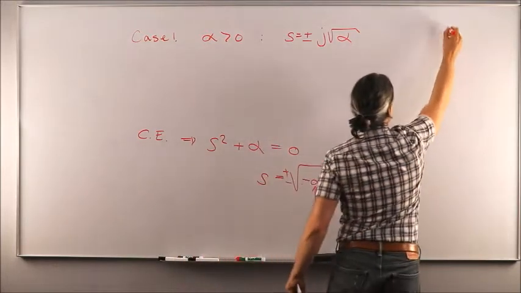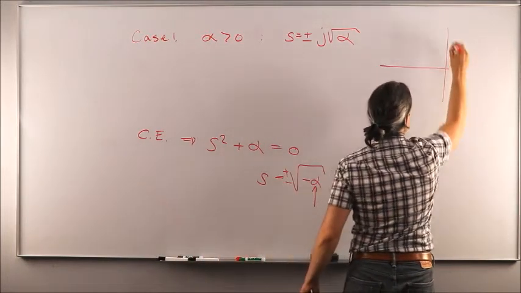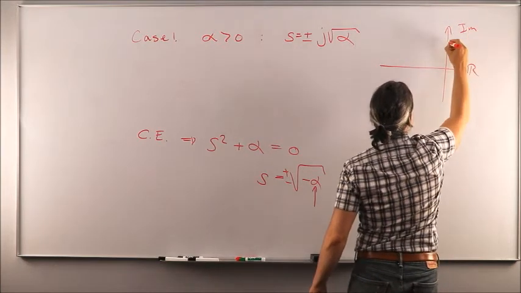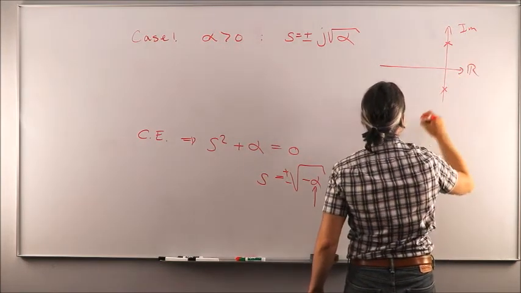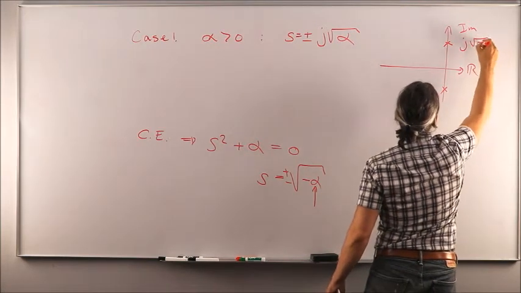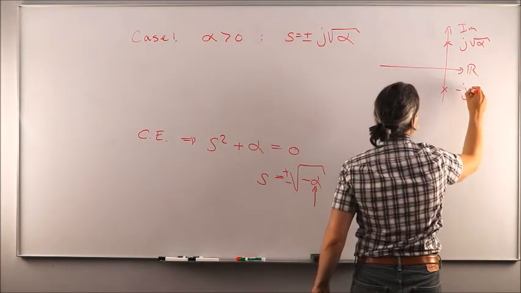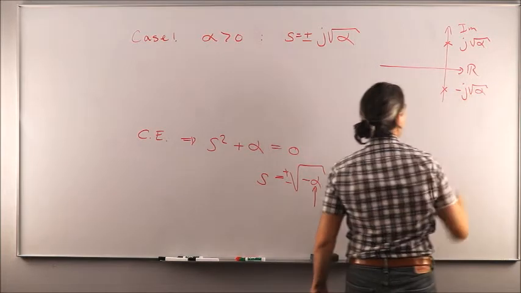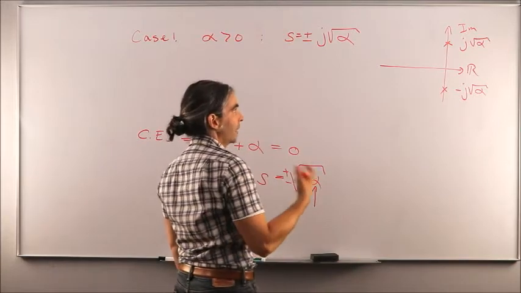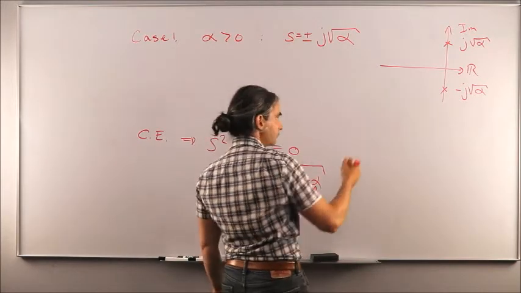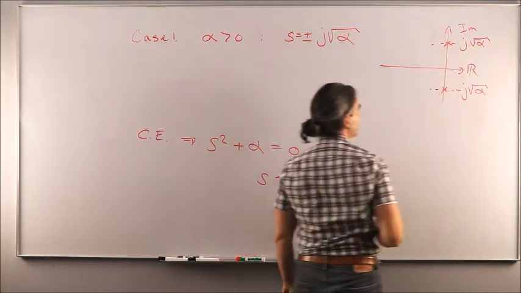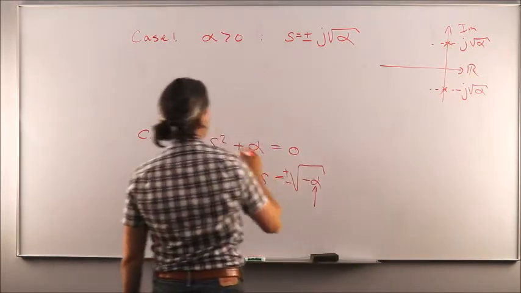This is a pair of complex conjugates in the complex plane, with real axis and imaginary axis: this one is at j square root of alpha, that one at minus j square root of alpha. As you know by now, this is a stable behavior in terms of Lyapunov stability, because that would generate bounded oscillations in the time domain. So this is good.